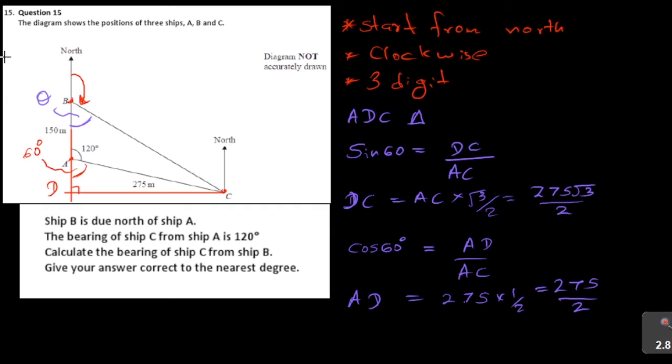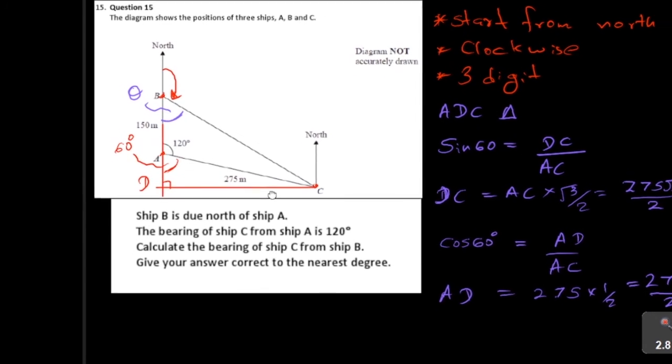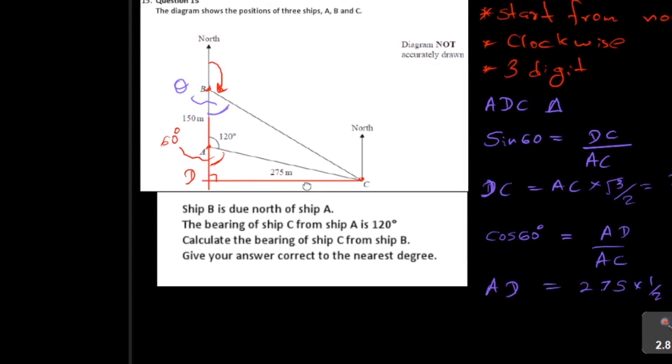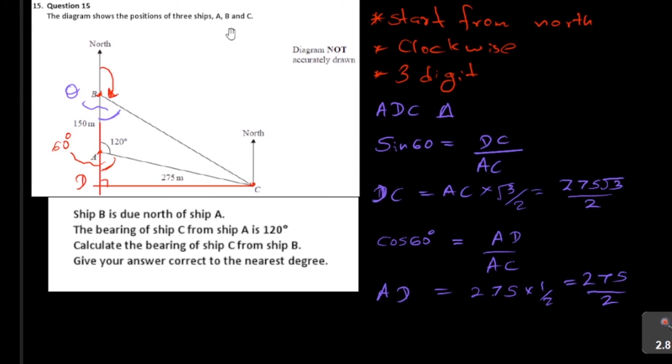How to find theta? In triangle BDC, you know the BD length and you know the DC length. Using those two, you can simply find that angle. I think it is tan theta. I'm going to mark these values here.